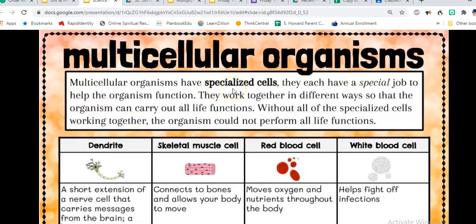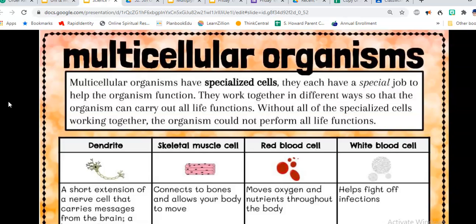That means they have different jobs that they are designed to do. They each have a special job to help the organism function. They work together in different ways so that the organism can carry out all life functions. Without all of the specialized cells working together, the organism could not perform all life functions.